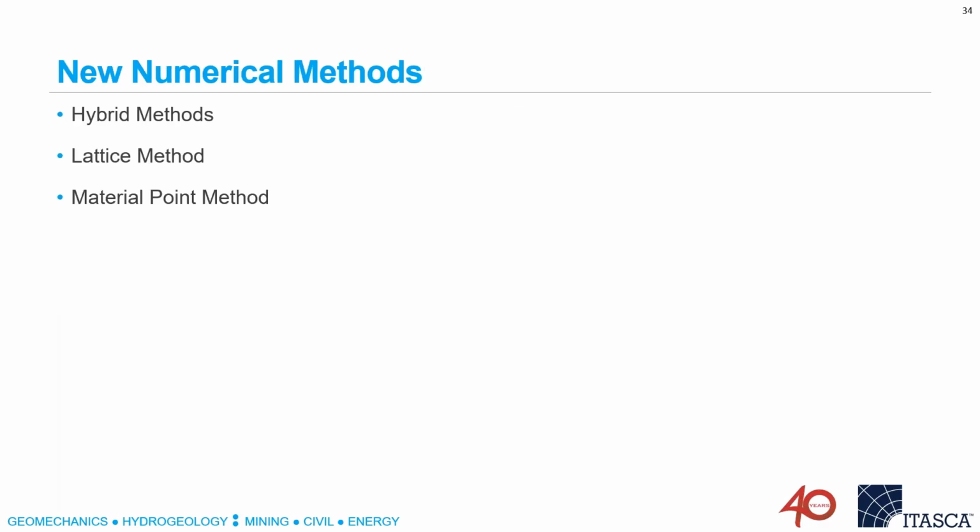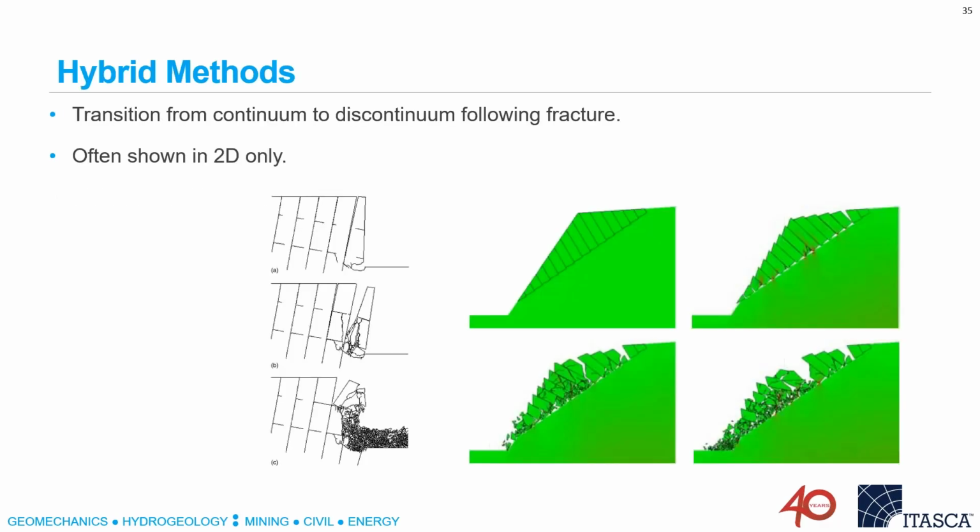So just going on, leaving the traditional numerical methods behind, let's talk a little bit about some new numerical methods that have been developed and are being developed, because this is kind of a glimpse of the future. There are three different ones that I'm aware of.